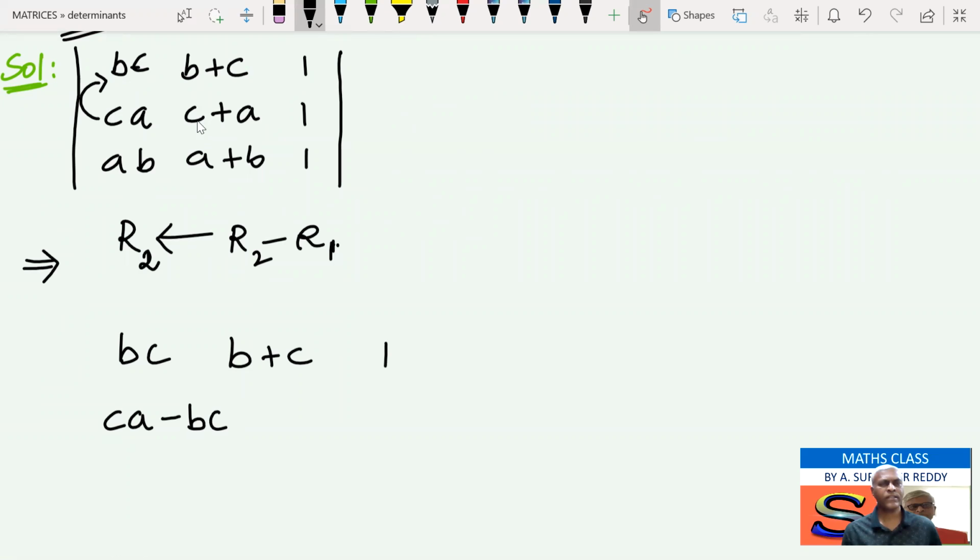And the second element also R2 minus R1: C plus A minus (B plus C). So minus into plus, minus B minus C. This is the second. And this one, 1 minus 1.